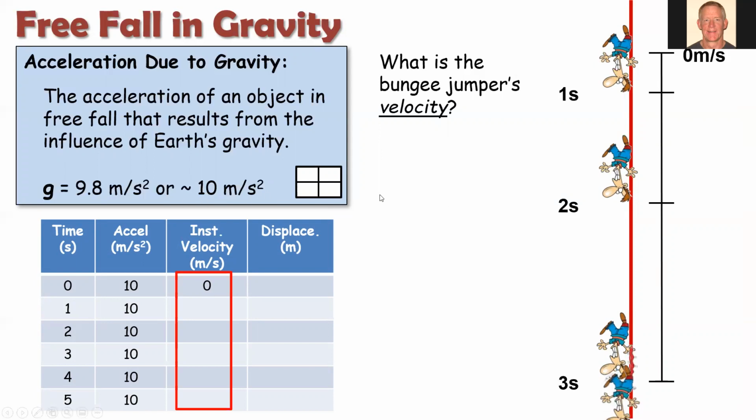Well, we know that every second he's going to speed up by 10 meters per second. So at the end of 1 second, he'll be going 10 meters per second. At the end of 2, 20, at the end of 3, 30, etc. This is pretty straightforward. Basically, we can find the velocity of an object in free fall by multiplying the acceleration times the time.